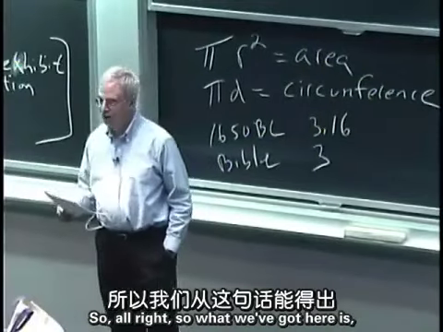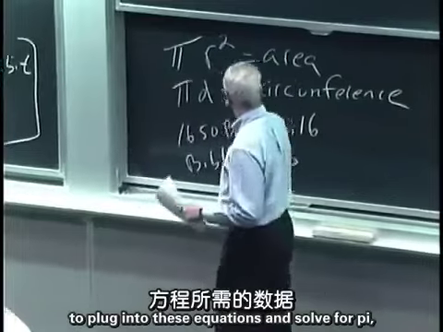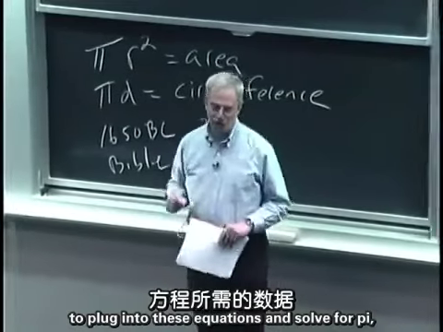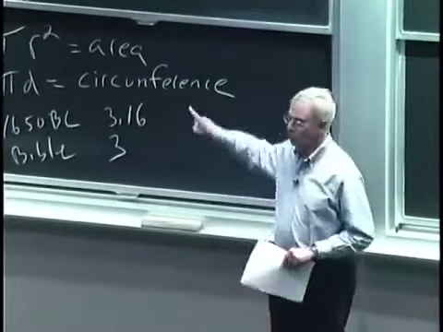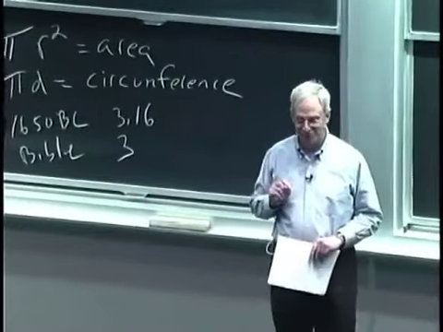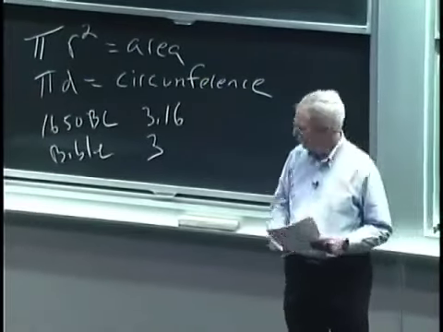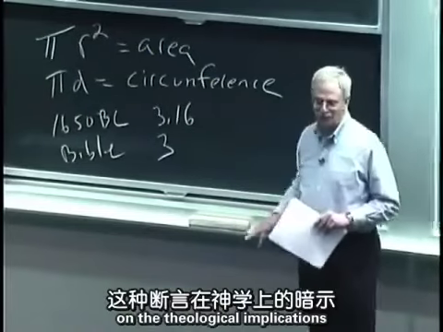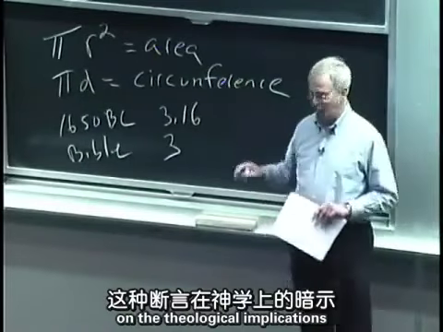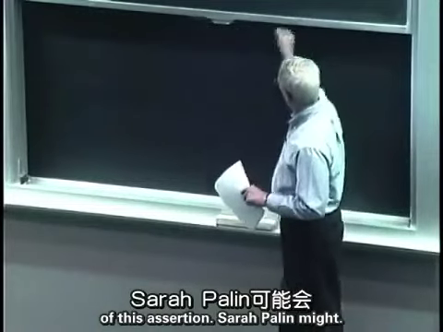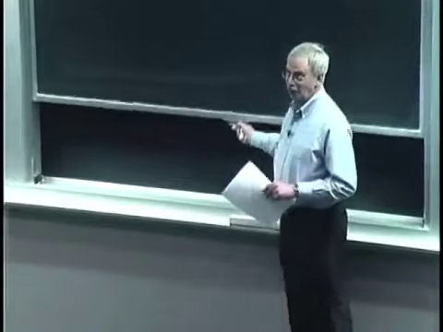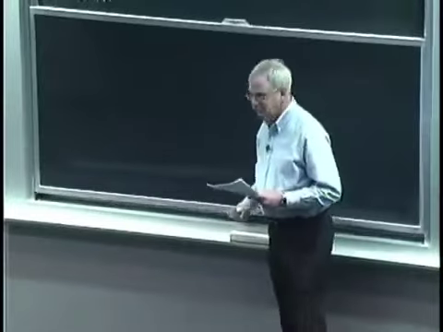What we've got here is everything we need to plug into these equations and solve for pi, and it comes out 3. And it does this in more than one place in the Bible. I will not comment on the theological implications of this assertion. Sarah Palin might, and Mike Huckabee certainly would.